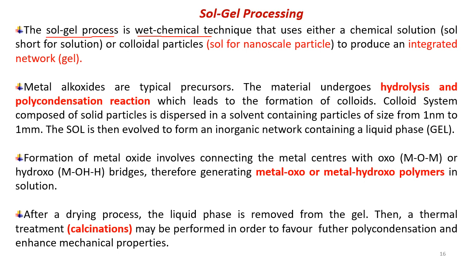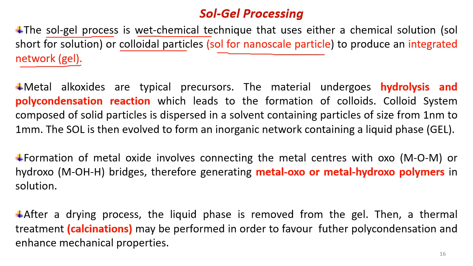Here it uses either a chemical solution, called a sol, a shortcut of solution, or a colloidal particle, meaning a solution of nanoscale particles, mainly to produce an integrated network or a gel, that is the sol-gel component.